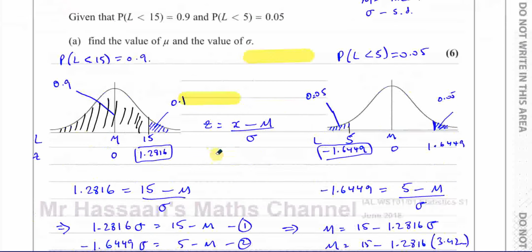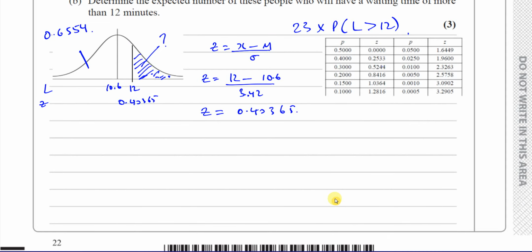Now what I need though is this area, because I want to find the probability it takes more than 12 minutes, not less than 12 minutes. This would be the probability it takes less than 12 minutes. So I know that this area is 1 minus 0.6554 because the areas have to add up to 1.